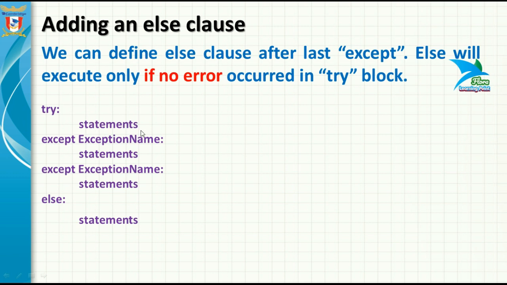But if no exception occurs in the try block, then after the successful execution of the try block, the control moves to the else block, and we can define the else block after the last except block if you are using multiple except blocks.